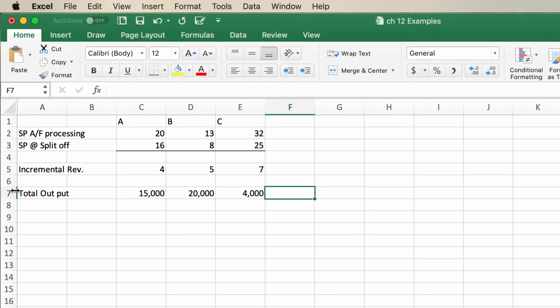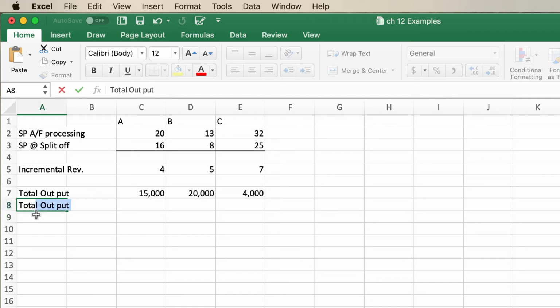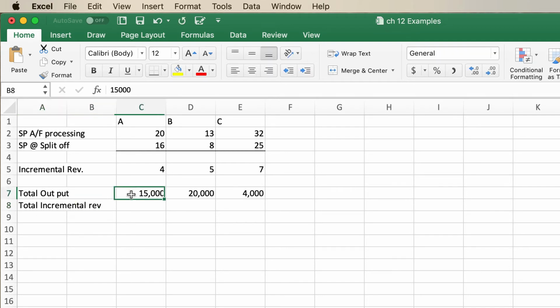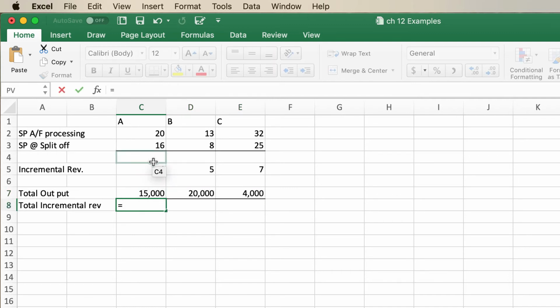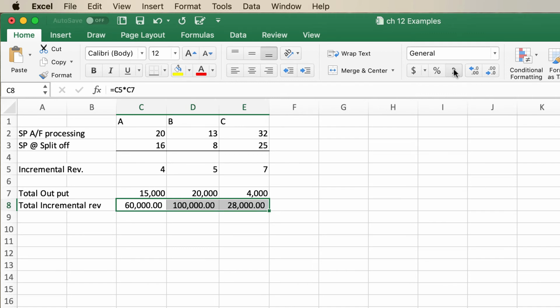To get the total incremental revenue, we multiply the incremental revenue per pound or per gallon times the output. So we got 60,000 for product A, 100,000 for product B, and 28,000 for product C.